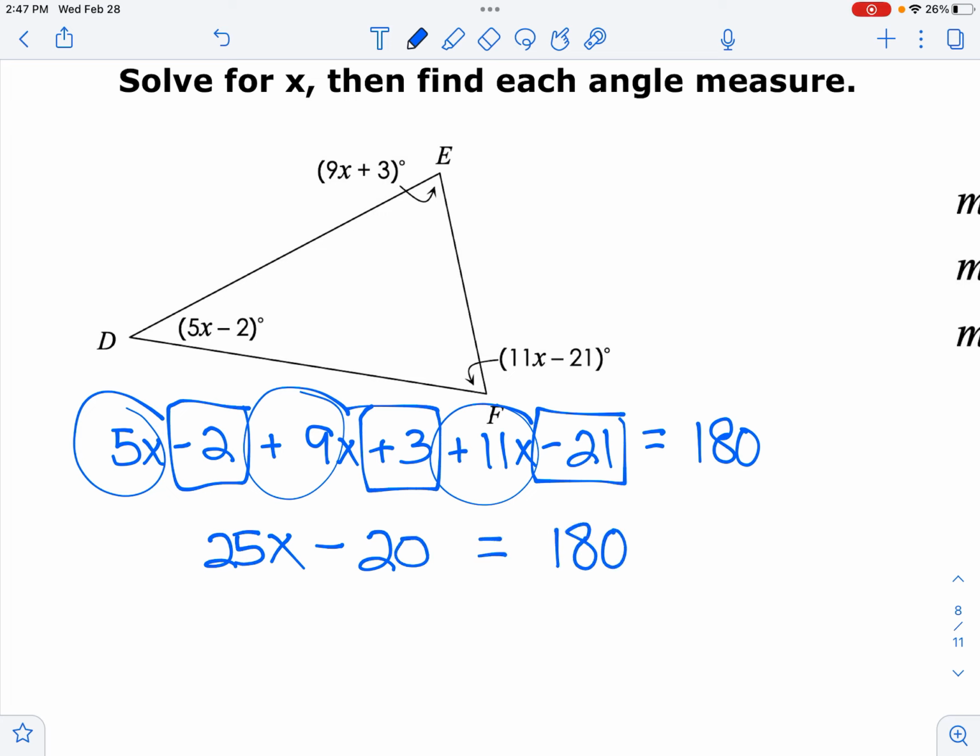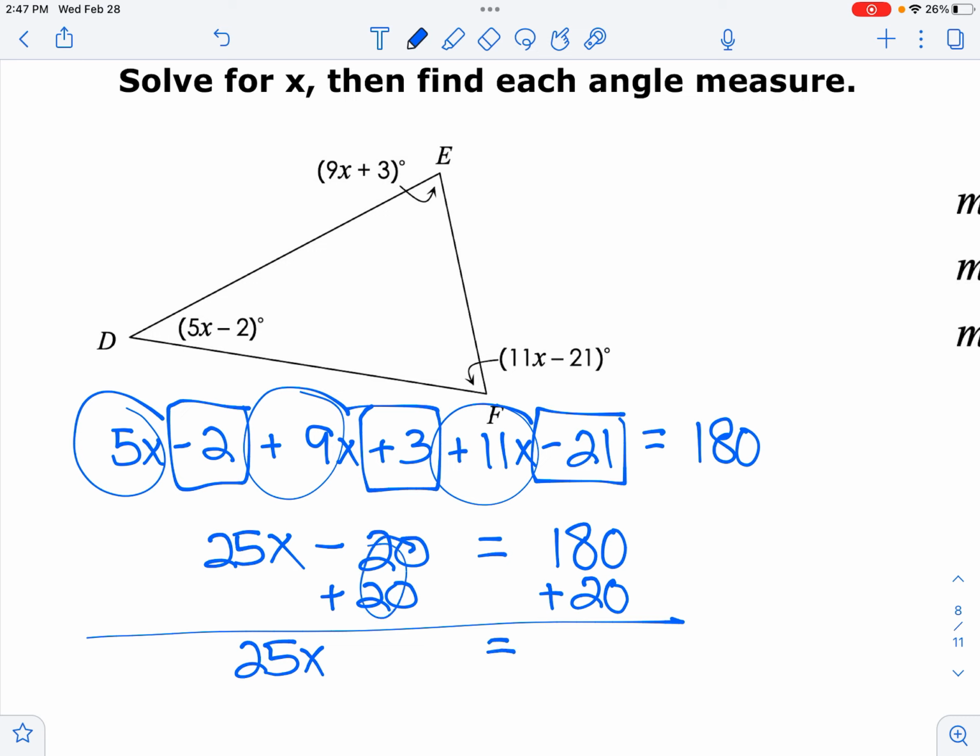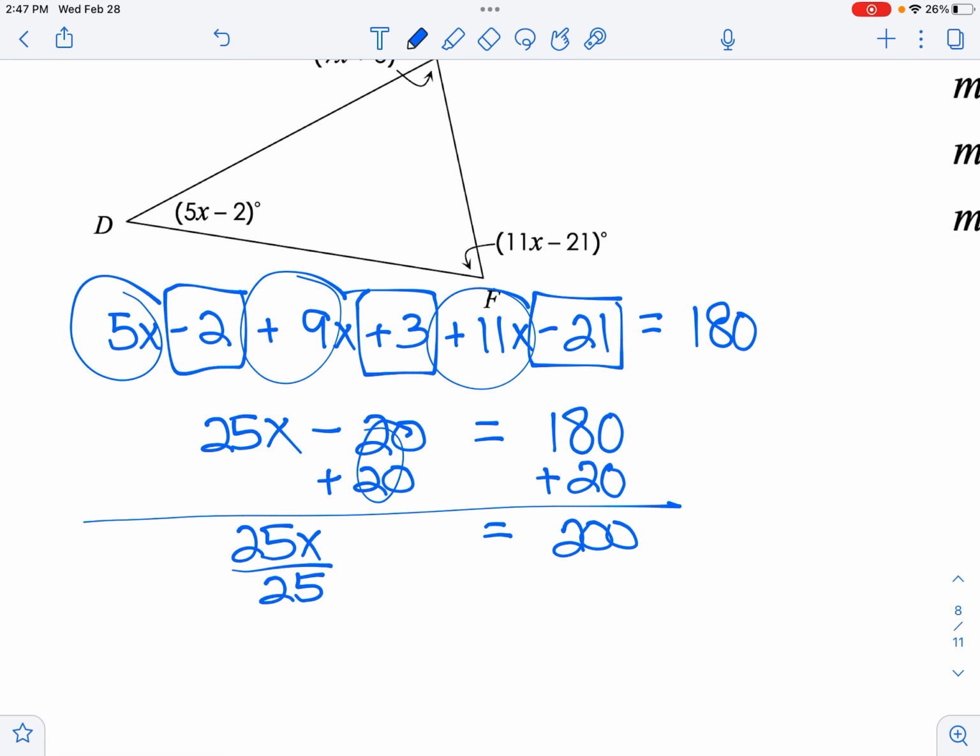Okay, so now that's condensed a lot, and now it's a little bit easier to manage. So let's go add 20 to both sides. So I get 25x equals 200, and then divide by 25 on both sides here. X equals, that would be 8.